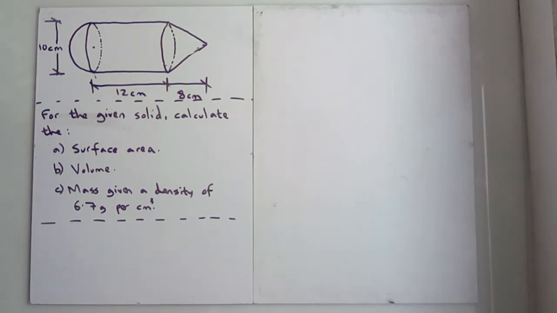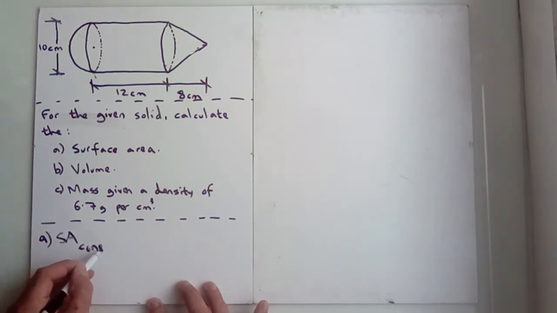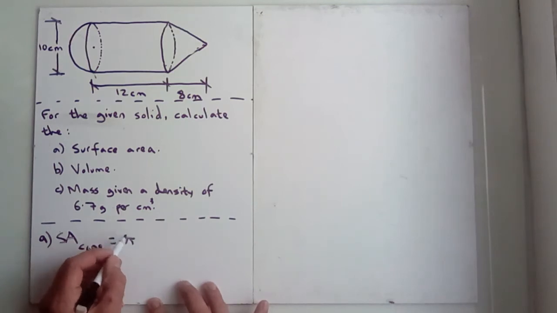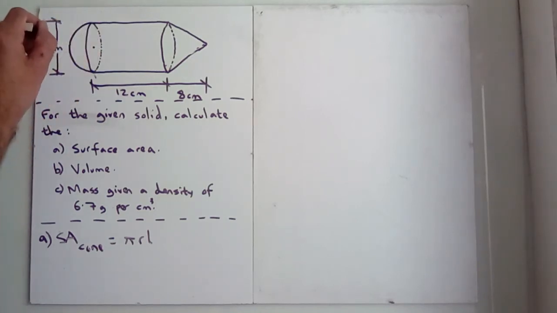So if we start with surface area, we know that the surface area of a cone, and I'm just taking all of this from the formula sheet, equals pi R L, where L is the slanting length. So R we have. We've got this 10 centimeters here, which is basically all the way across.